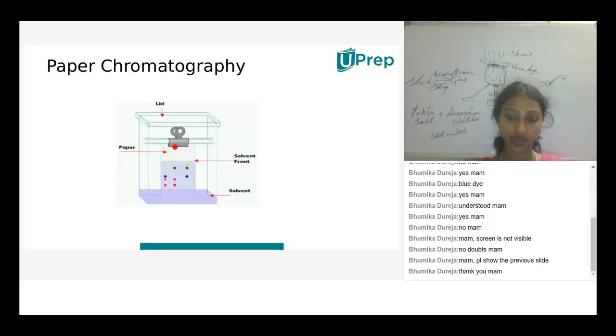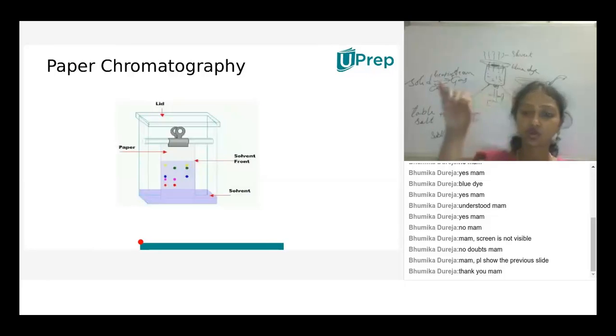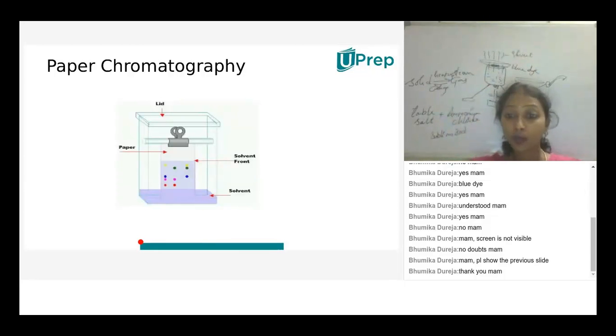These are the clamp, and this is the chromatographic paper, the filter paper, Whatman number paper. We draw two lines: one is the initial line, the baseline, and the end line. On the first line, we drop two or three drops of black ink.